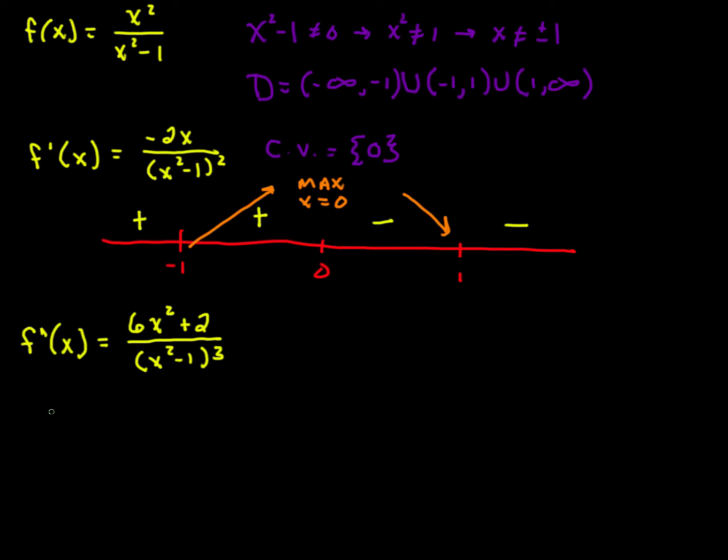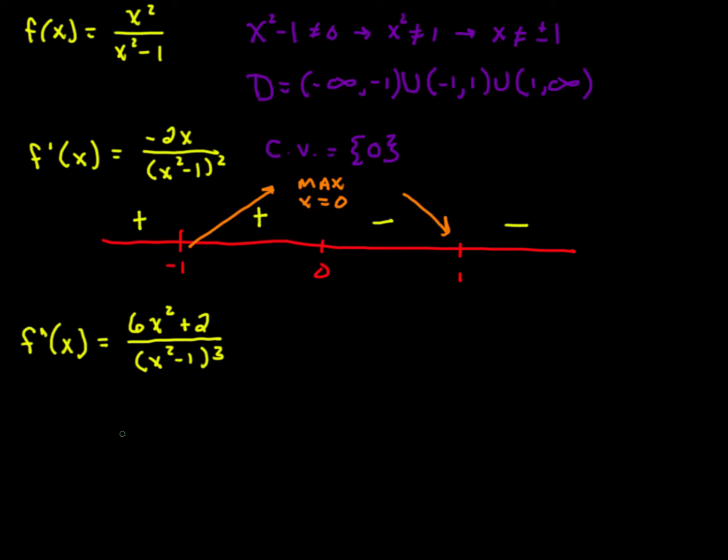Now, if I look at places where this is 0, well, the top is never 0 because 6x squared is always positive, and 2 is always positive. This top is always actually bigger than 2. So the only places where it can change signs are when it's undefined.